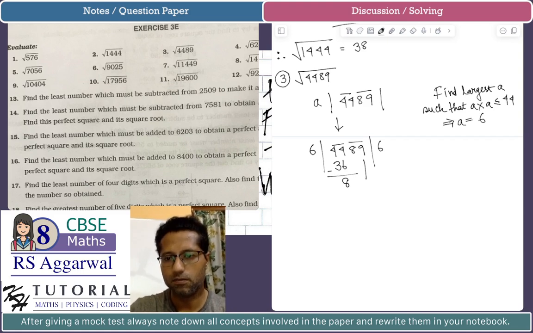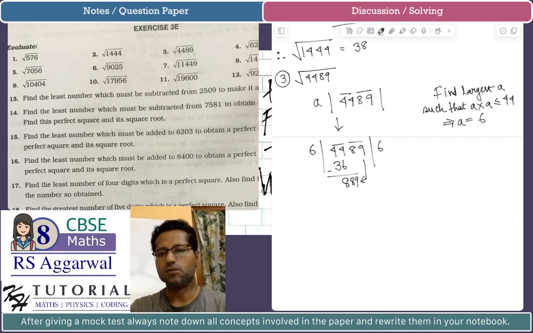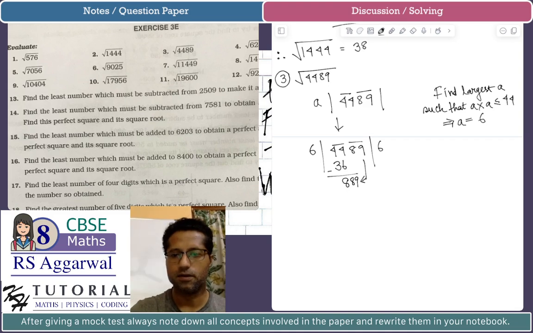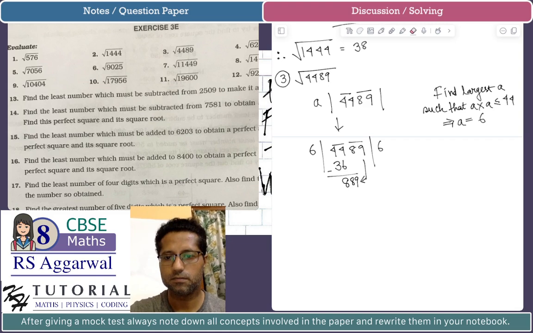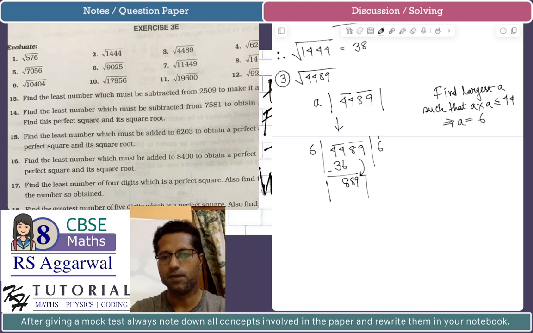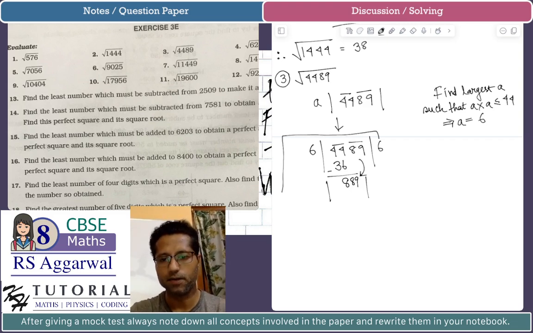Now we will bring down the next period 89. So the remainder becomes 889, and this will be the next dividend. The divisor will be, we multiply the current quotient by 2.